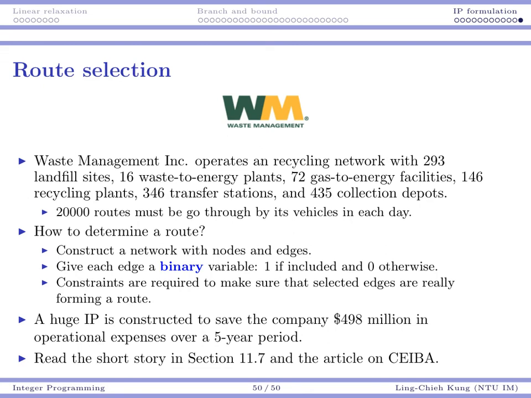And then I'm going to create some constraints that ensure, for example, that the selected edges really create a route, and so on. What's key here is you really need an integer program, because you cannot round up or round down your route selection. It must be 0 or 1. It cannot be fractional. Unlike tables and chairs, this cannot be fractional.